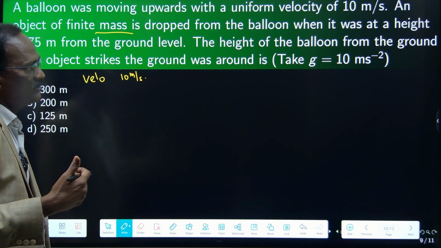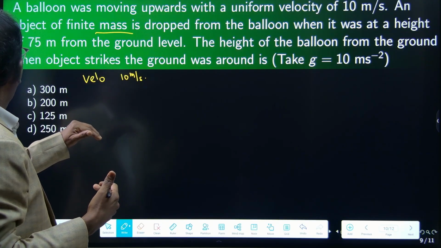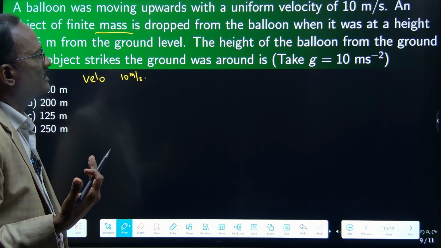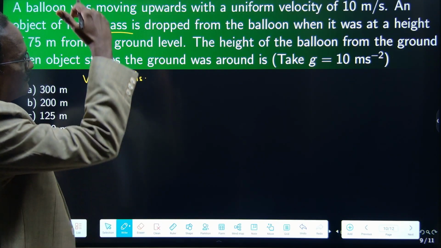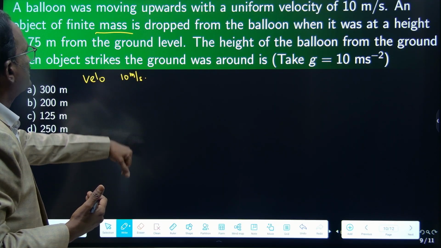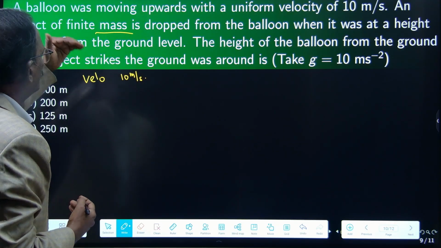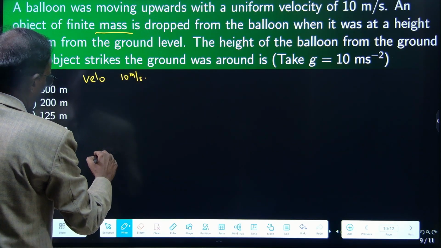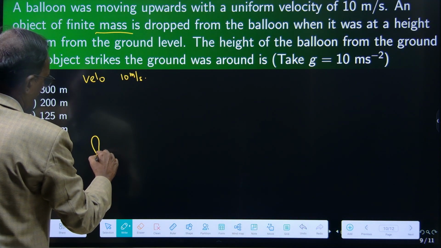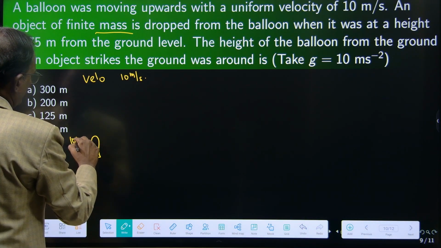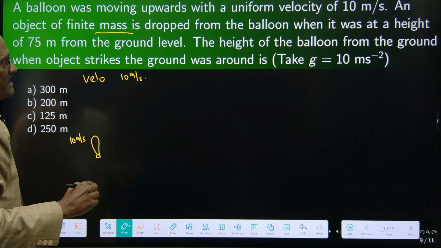The height of the balloon from the ground level when the object strikes the ground, right? The balloon is moving with some velocity, 10 meter per second.